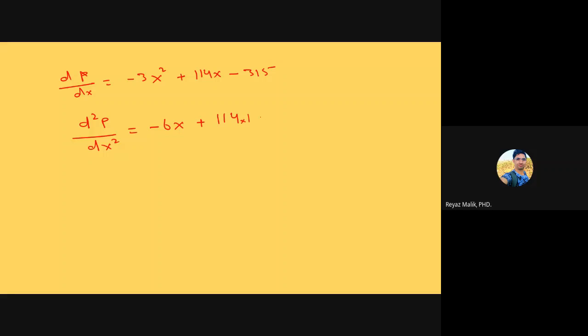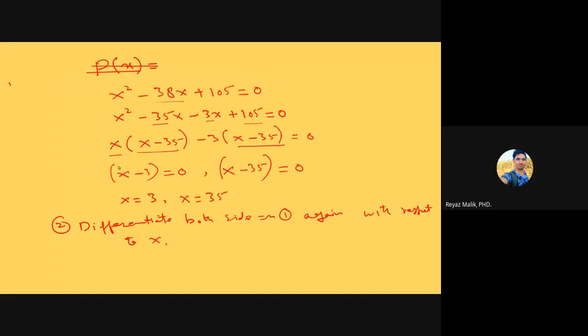Minus 0, because the differentiation of a constant term is 0. So our final result is minus 6x plus 114, that is our double f prime x, however you treat it. Here we need to substitute the value of this.